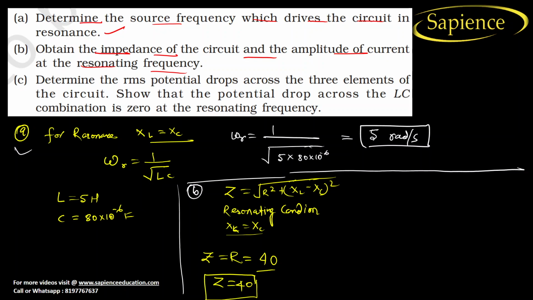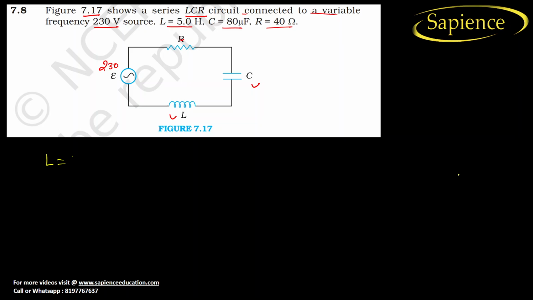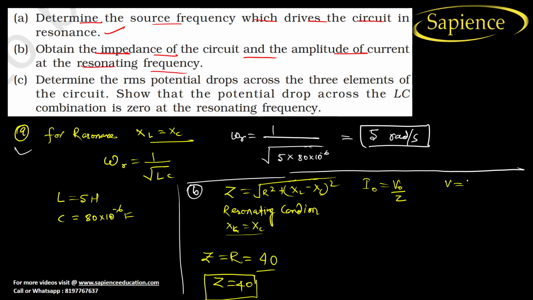They are also asking for the current. What will be the value of current? Current is I naught, and this will be equal to V naught divided by Z. In this question, they have given you a voltage of 230 volt.